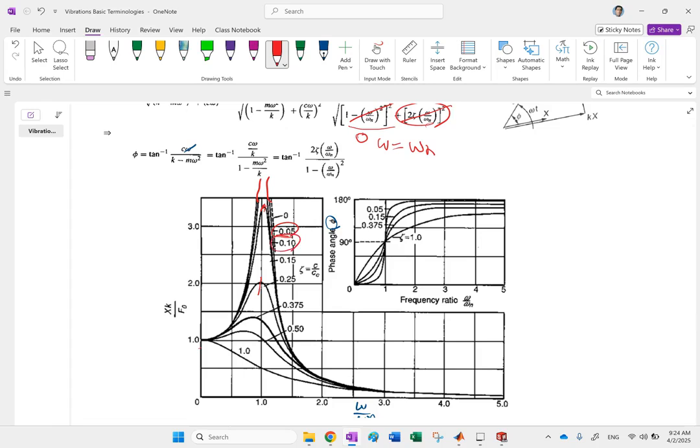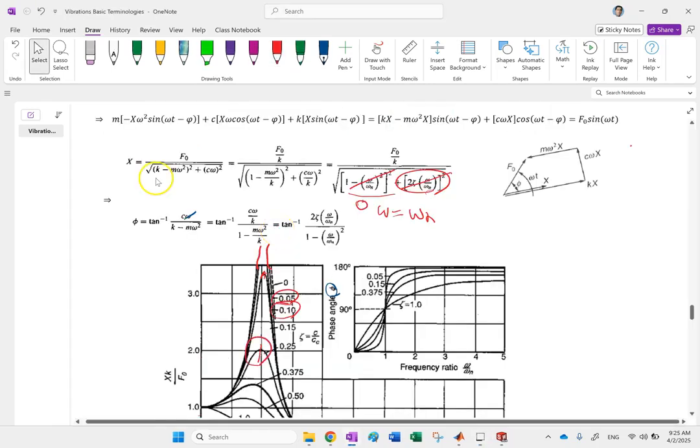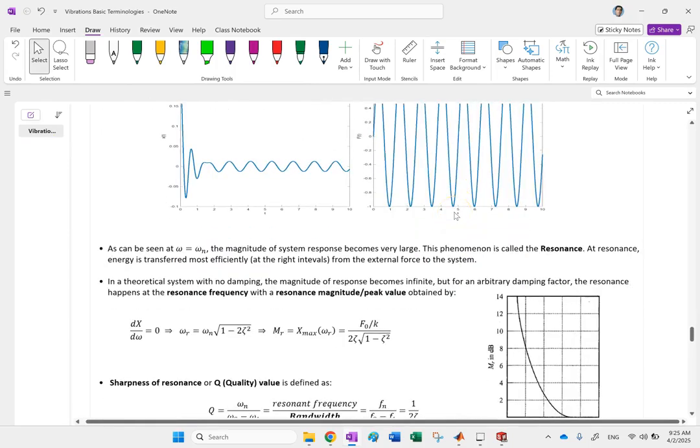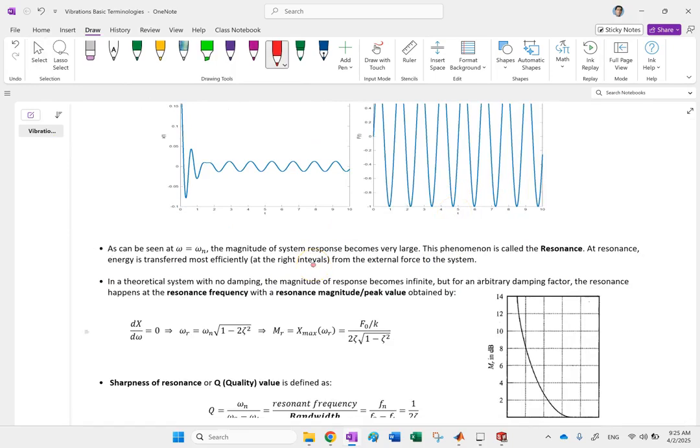So the first question is, at what omega does this maximum happen? Well, if you know some simple calculus, you take the derivative of that amplitude with respect to omega and set it to 0. If you do so, the omega that you will find is called the resonance frequency, and that resonance frequency is going to be omega n times the square root of 1 minus 2 zeta squared.